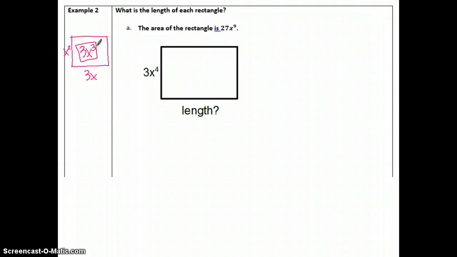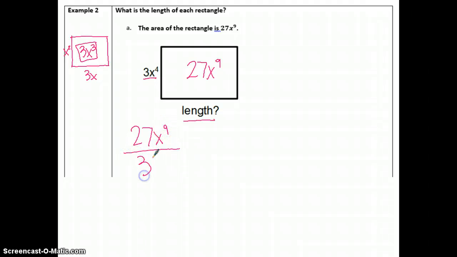Okay, so today we're going to reverse that. I already know that this is 27x to the 9th. So 3x to the 4th times what length gives me that? Essentially, that's just division. I'm going to take 27x to the 9th, our area, divided by 3x to the 4th.